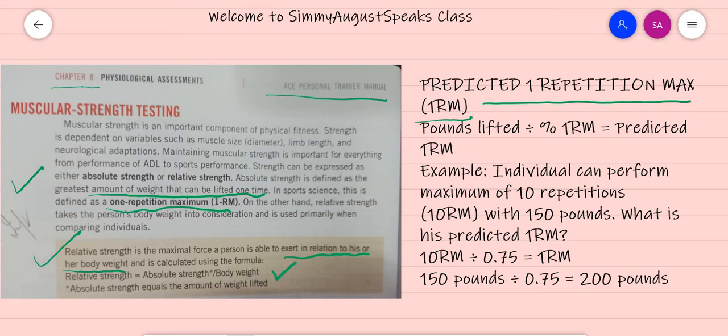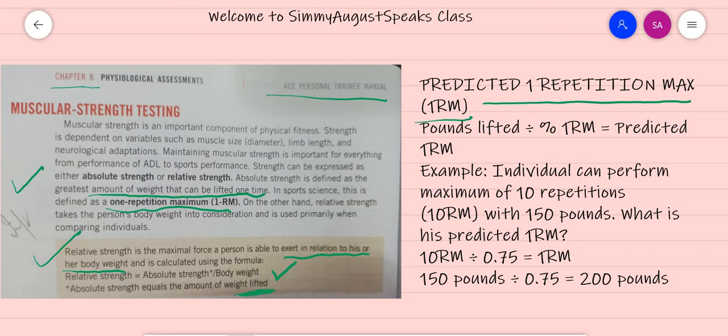So, absolute strength equals the amount of weight lifted. Everyone will have a different weight lifting capacity, but when we are comparing two individuals, the weight lifting capacity of one person will be divided by his or her body weight to compare with the other person's relative strength.